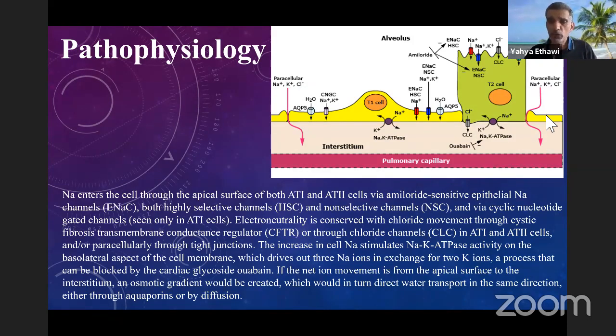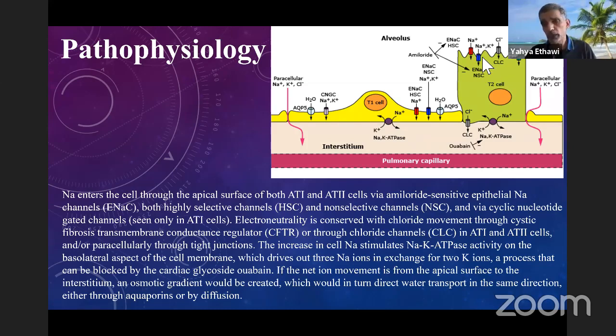There are other pathways that control sodium, either through the junction of two cells or through the apical cell. They depend on the ATPase. So you can see that these move sodium and this moves chloride. Once you move chloride in, you will move sodium with it.